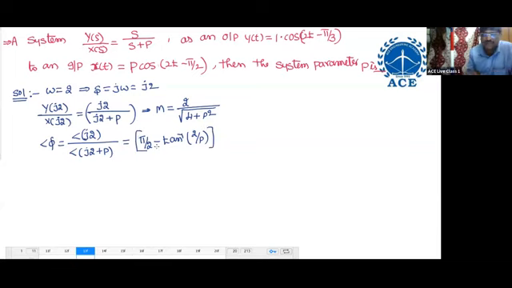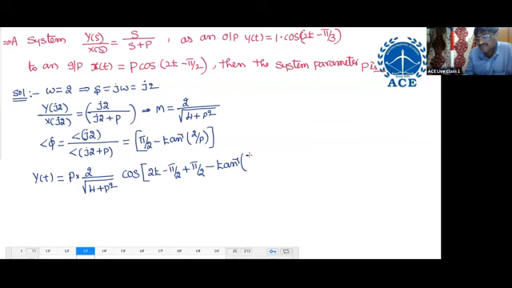Now write the output. Y of t you write. What is y of t? P into magnitude multiplied: 2 by root of 4 plus p square, cos of 2t minus pi by 2 plus pi by 2 minus tan inverse of 2 by p.